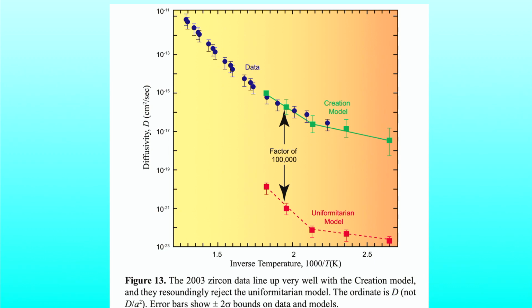And you'll notice that this is a log scale, so it's way off. It's further off than it looks. The uniformitarian, the standard model, that things have always continued as they were from the beginning of creation, is off by a factor of 100,000.